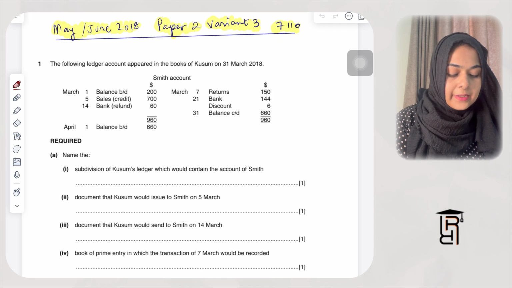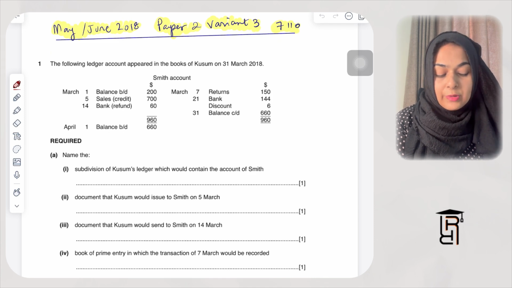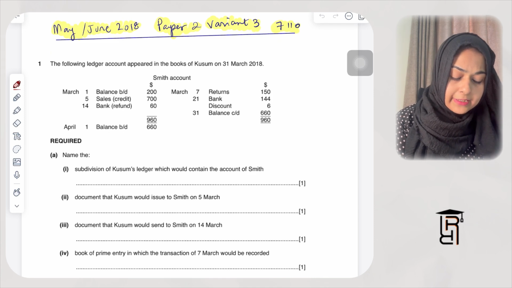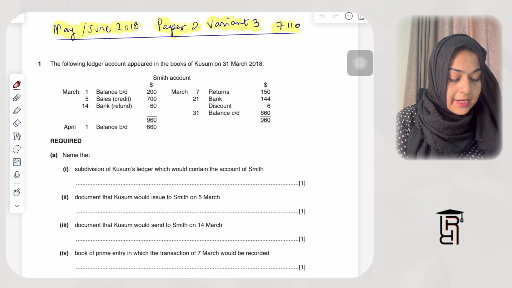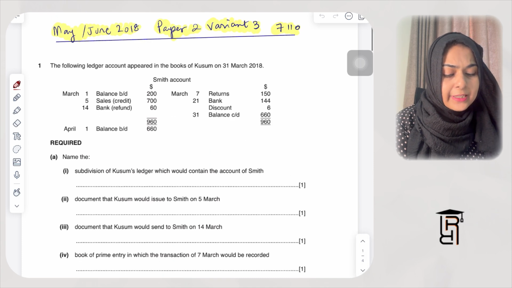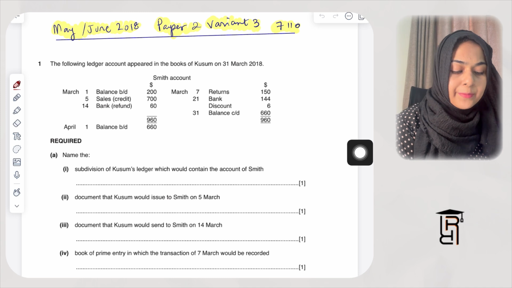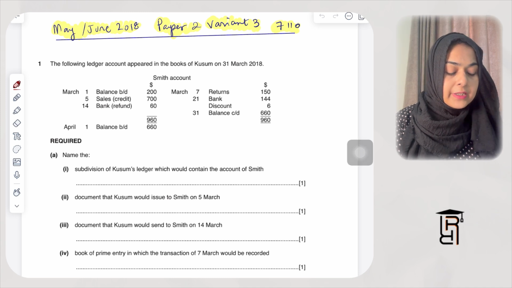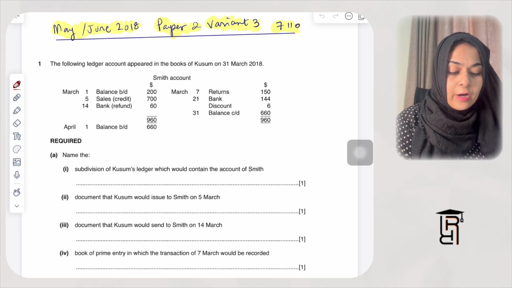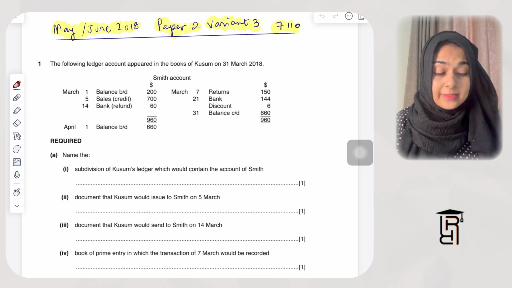In the first part, they are basically testing you on ledgers, books of prime entry, and business documents. They have given you a ledger account, and they're saying the following ledger account appeared in the books of Kusum on 31st March 2018. There's an account of Smith. Smith has a balance brought down on the debit side, which means it's a customer account.